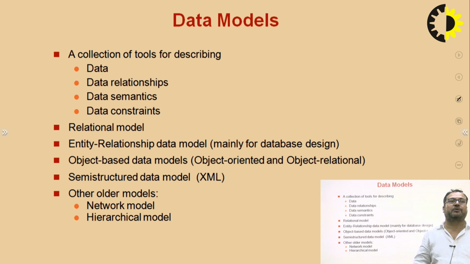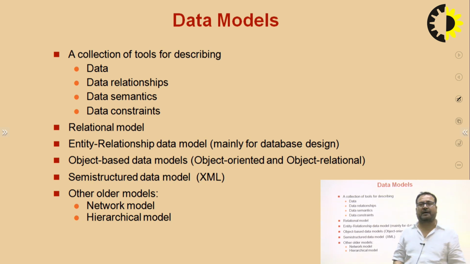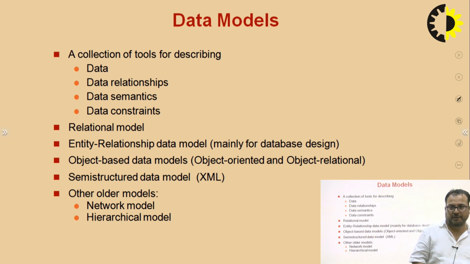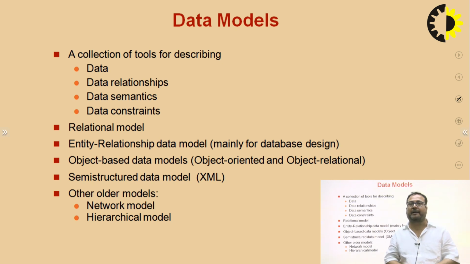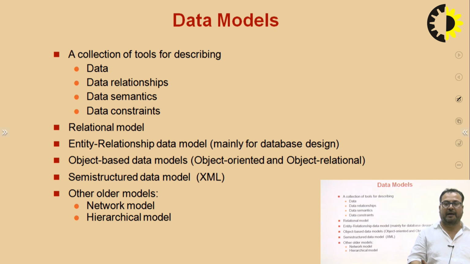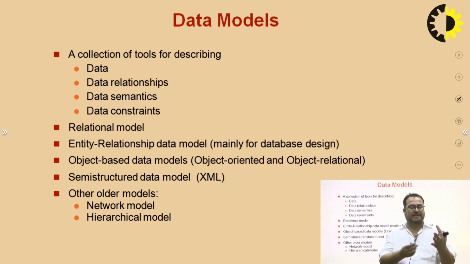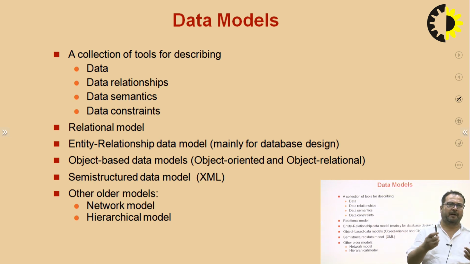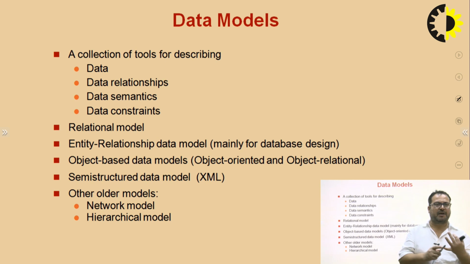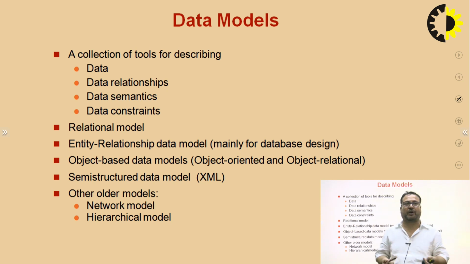The ER model means you perceive everything as an entity, and an entity can be associated with another entity by a relationship. This is called the entity relationship model. So there are basically four data models. One is the relational model, where you maintain the data in tables, and those tables are called relations.